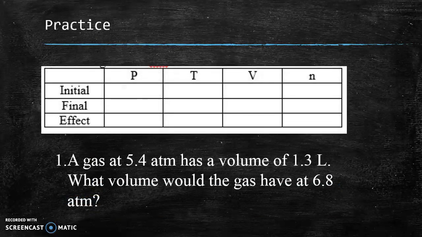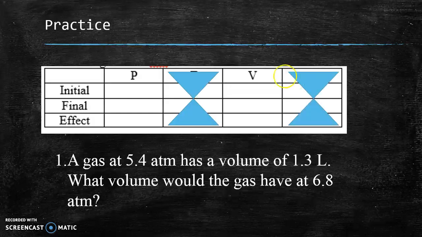In your worksheets, you'll see that you have a table like this. This table is useful for solving all our gas law problems. We're not going to use 2 of the variables in this problem, so the first thing we're going to do is cross off those variables because we're only looking at pressure and volume. The next thing is to determine what the initial pressure and volume are, and then what the final are.